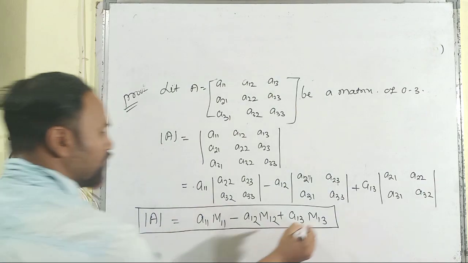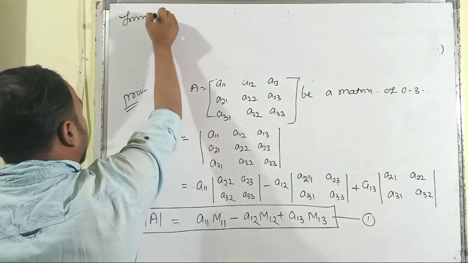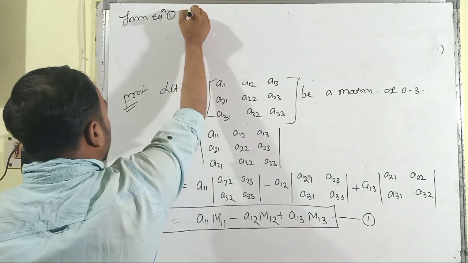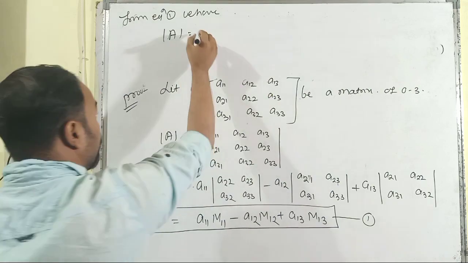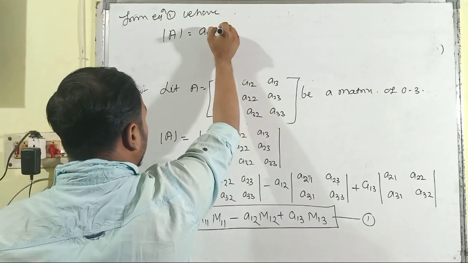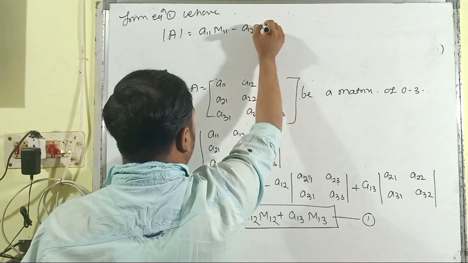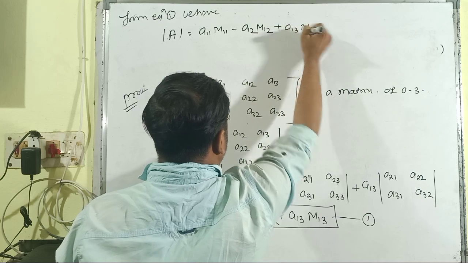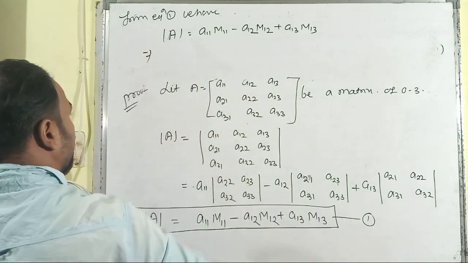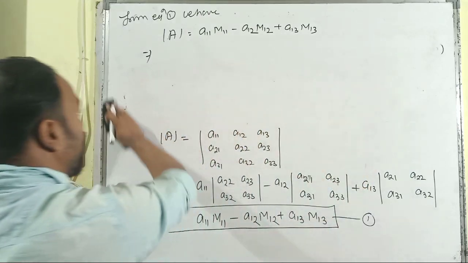So from equation 1, we have determinant of A is equal to A11 M11 minus A12 M12 plus A13 M13, and from here we have to proceed towards the cofactors.